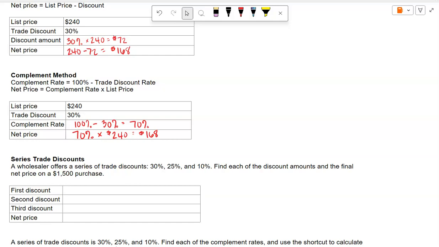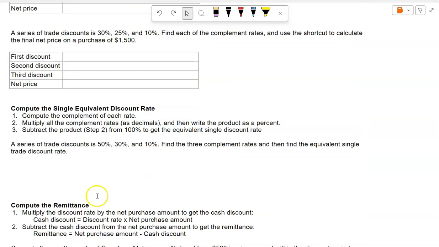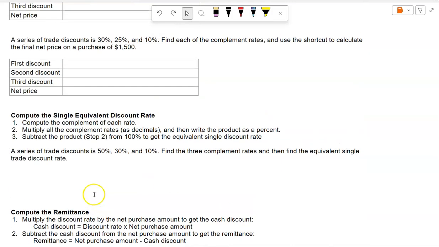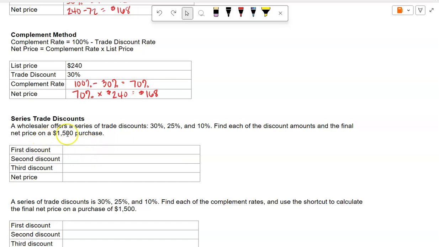For this next one, we have what's called series trade discounts. As your text tells you, a manufacturer or distributor might give additional discounts to customers who buy larger quantities. Here we have a first discount of 30%, then 25%, and then 10%.